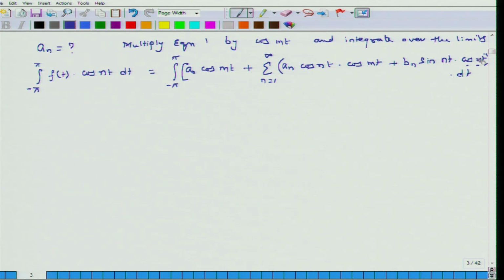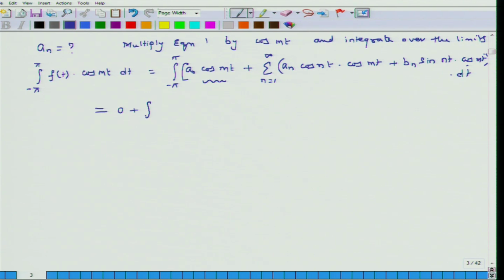Yes, this is cosine mt, and this should also be, you're right, cosine of mt. Okay, so when I integrate cosine of mt, this first term, and then I take the limits in minus pi to pi, I get 0.